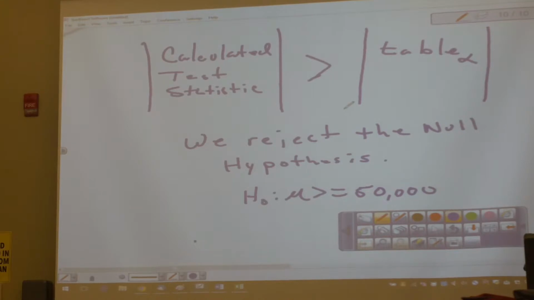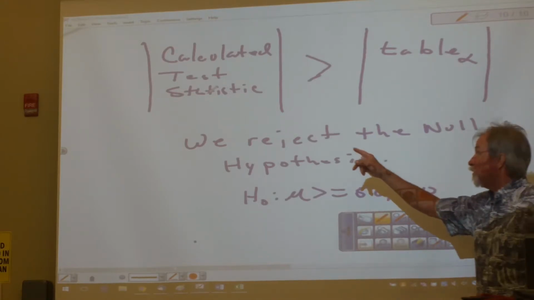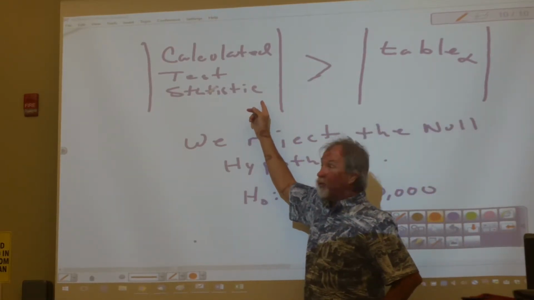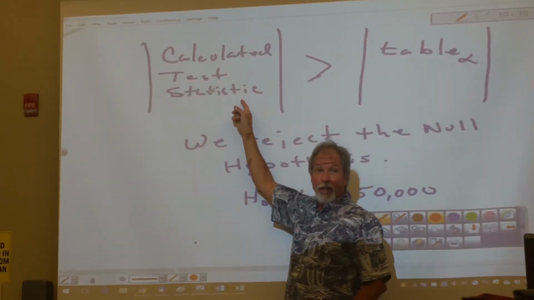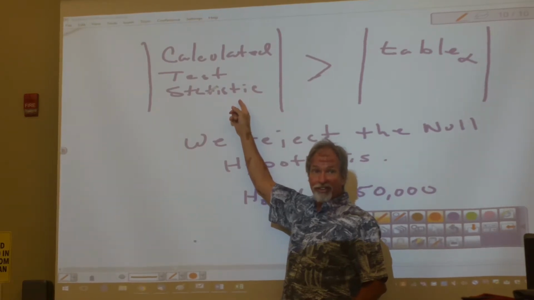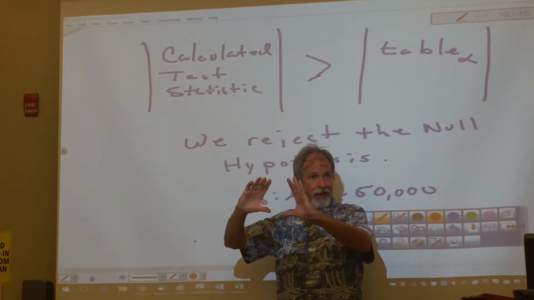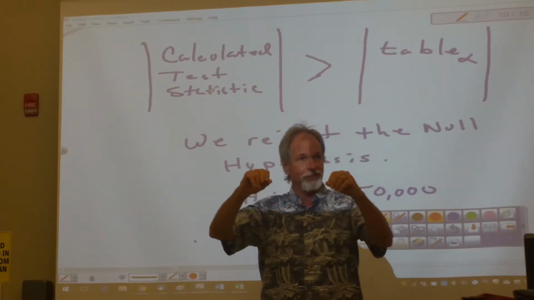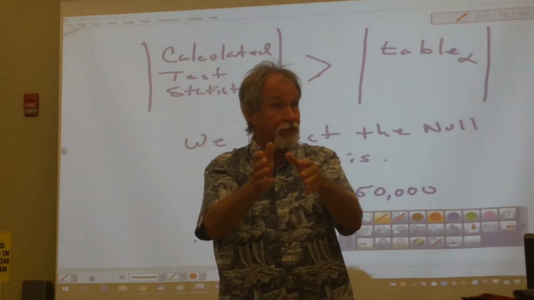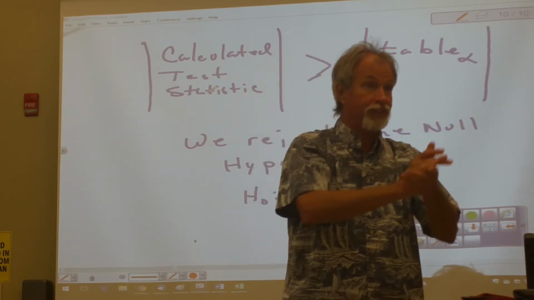Another way to make this same decision is, remember, I went to the table, I took my calculated test statistic and looked up the probability, right? That's what the p-value is, the probability that that test statistic would actually come up.